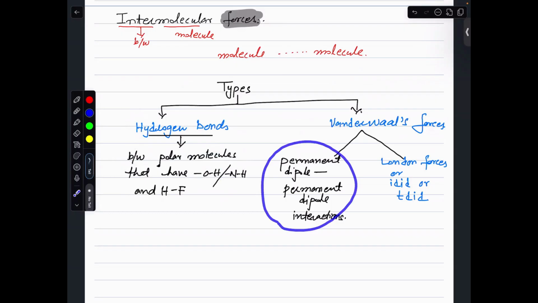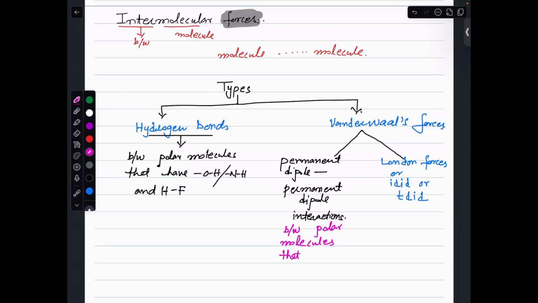Permanent dipoles are present between polar molecules that don't have OH, NH, and HF.